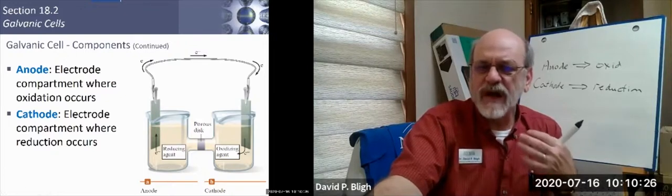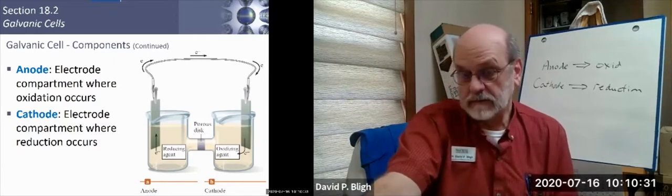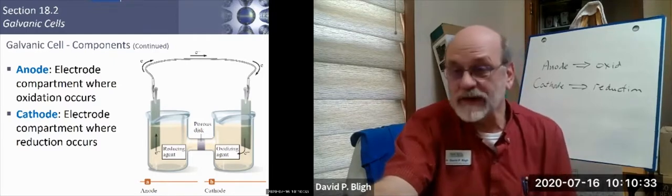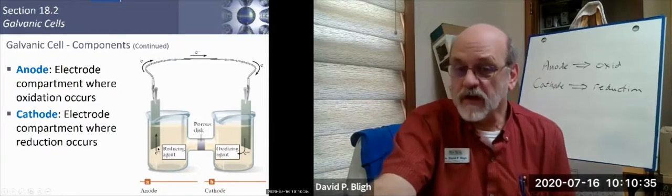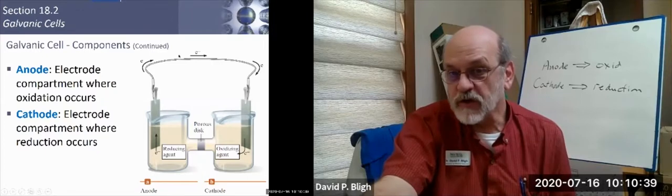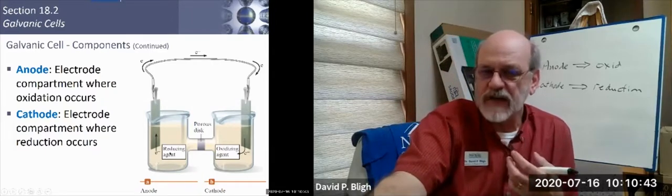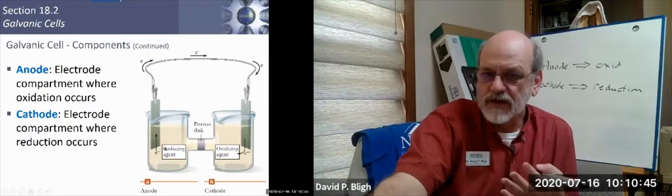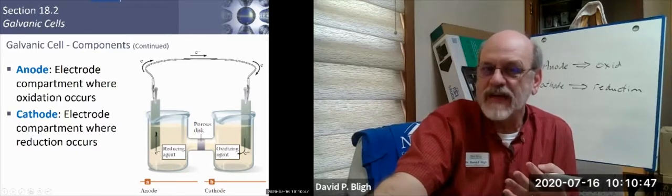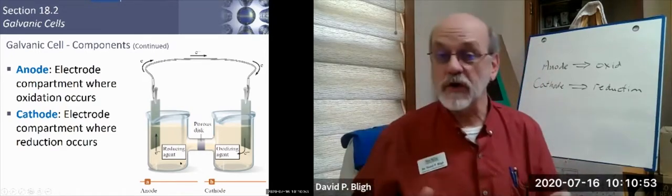So what do we mean by oxidation? Something is losing an electron, right? So where do those electrons go? Those electrons go into the electrode and across the circuit, right? So in order for something to be oxidized at the anode, you have to transfer electrons out of that solution, okay, into the external circuit.